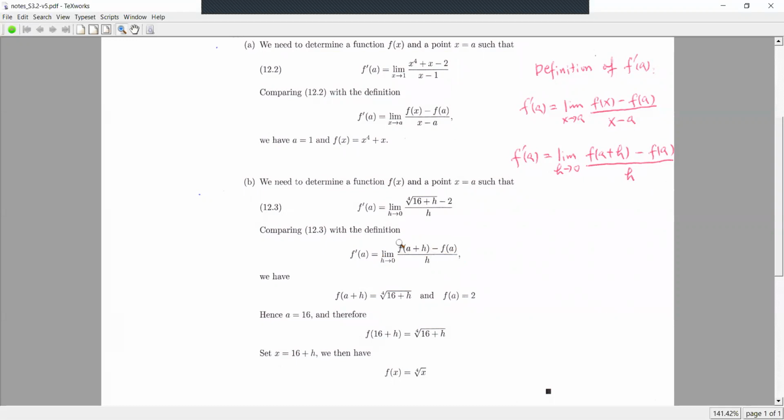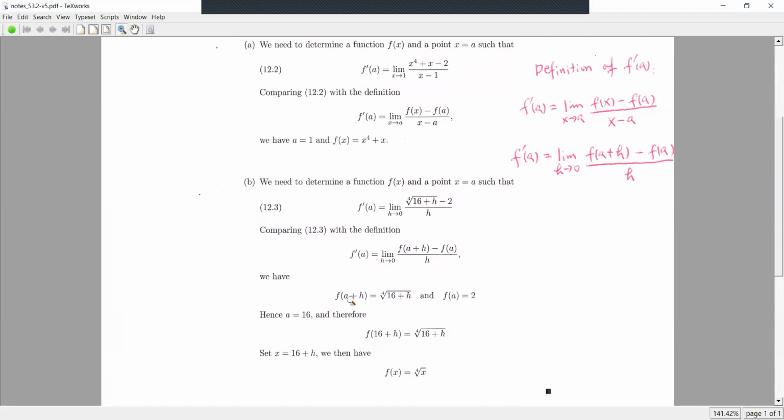F of a plus h is the fourth root of 16 plus h. So we have these two equations. Now, from this equation, the left side is a plus h, the right side 16 plus h. Therefore, a is 16.